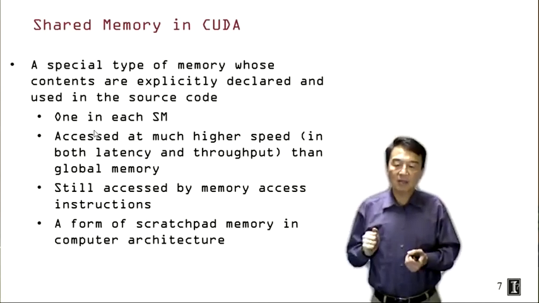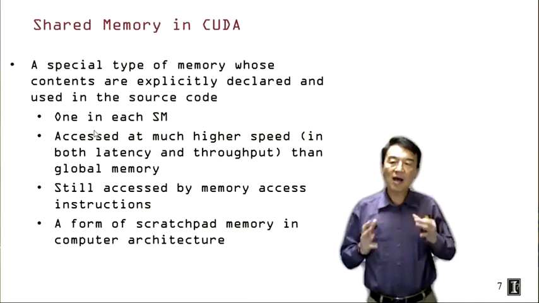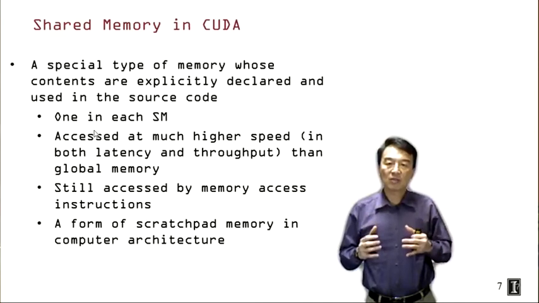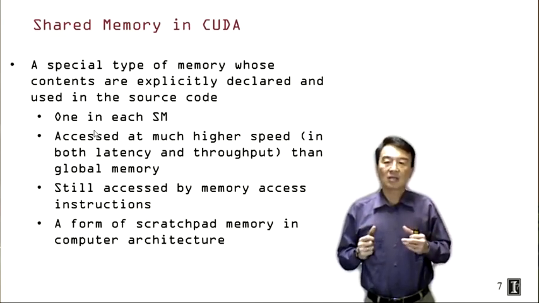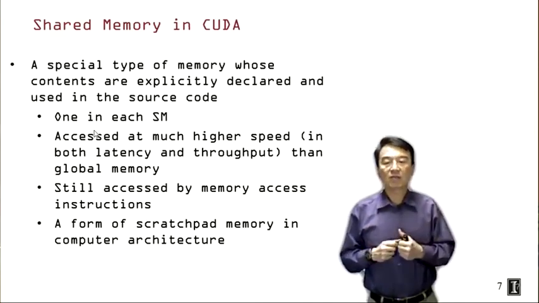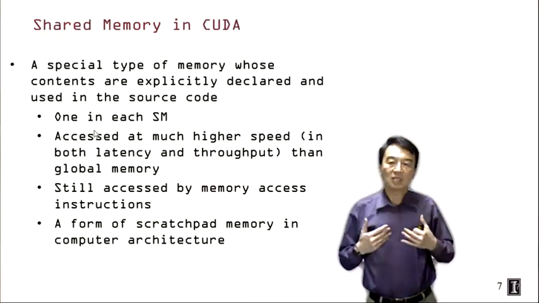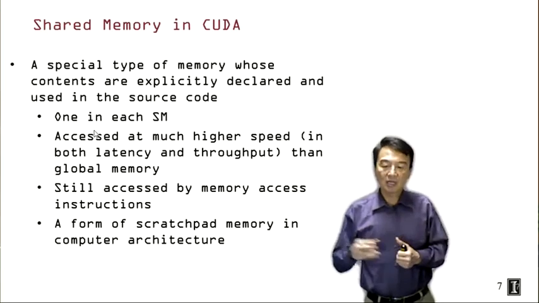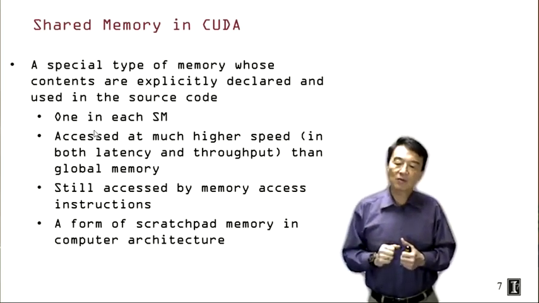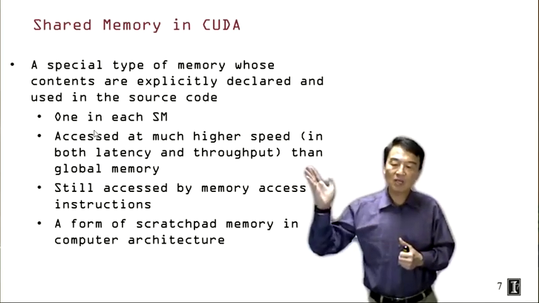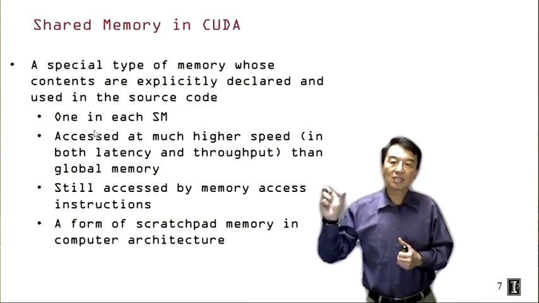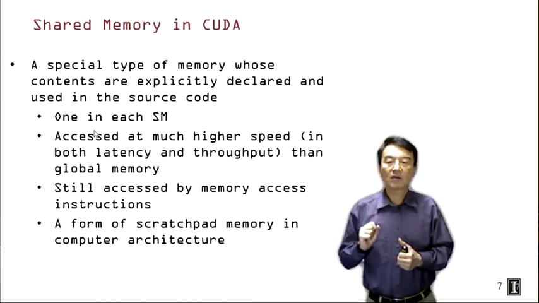And in hardware, there is a shared memory in every streaming multiprocessor, or SM. Refer to one of the previous lectures if you don't remember some of the concepts about the streaming multiprocessors. The shared memory can be accessed at much higher speed in both latency and throughput than the global memory.